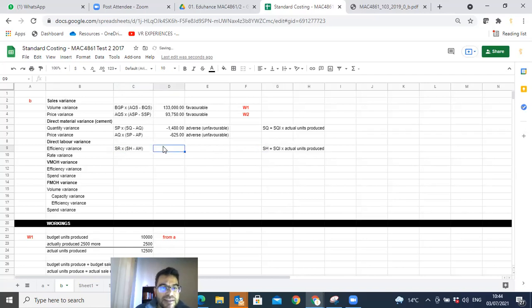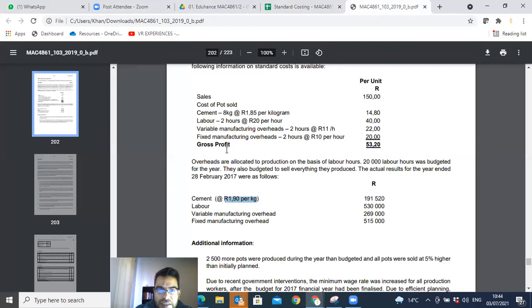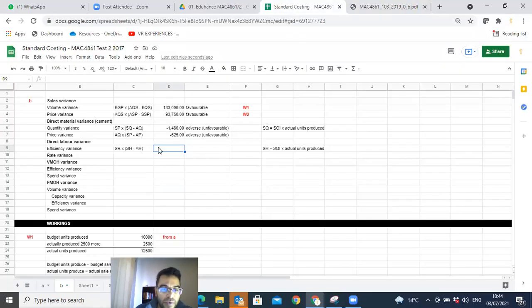I think we know what the standard rate is: 20 Rand per hour. So it's equal to 20 Rand per hour multiplied by.